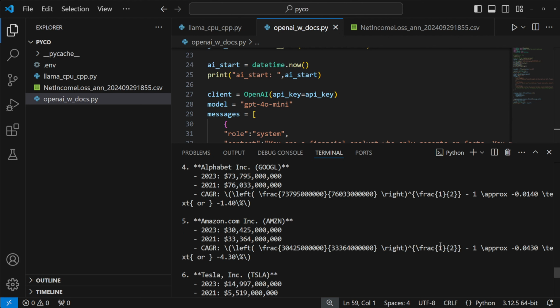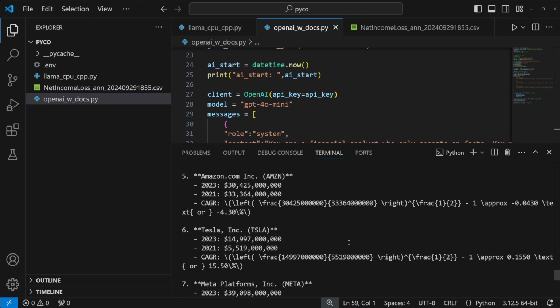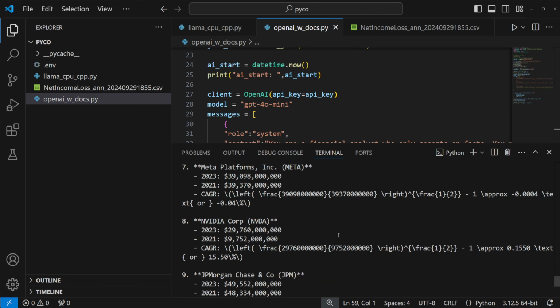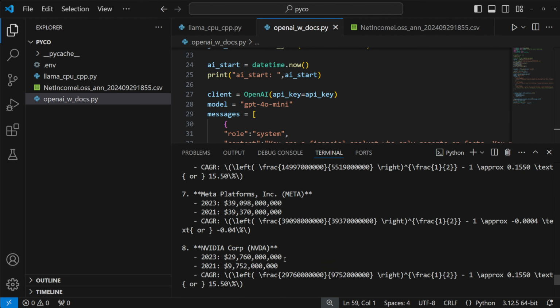Amazon, slight decrease at negative 4% over that period. Tesla, of course, they're up. Meta, stagnant. Nvidia, up. It's funny how Nvidia shows up twice, and it's also funny how they have the exact same growth rate as Tesla.